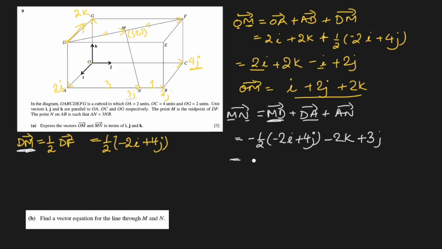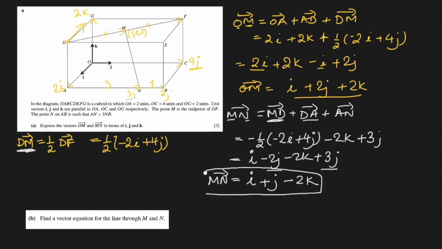And now open it: minus half positive i, and then half of 4 negative will be minus 2j, minus 2k, plus 3j, which gives us a i, minus 2j plus 3j is just j, and then we have minus 2k. This is vector MN in terms of i, j and k. Earlier we found OM.